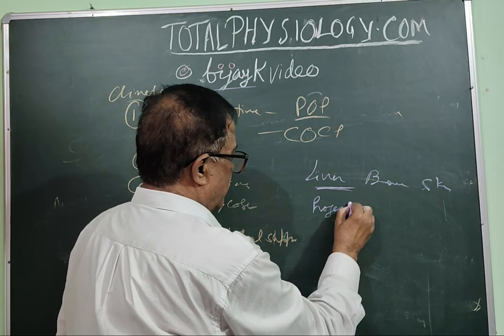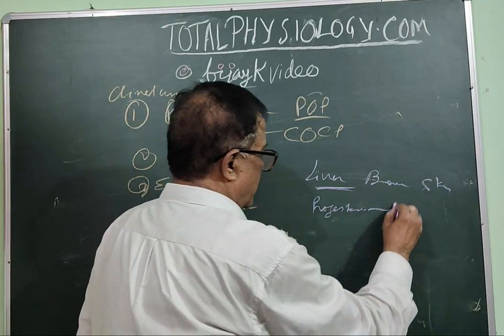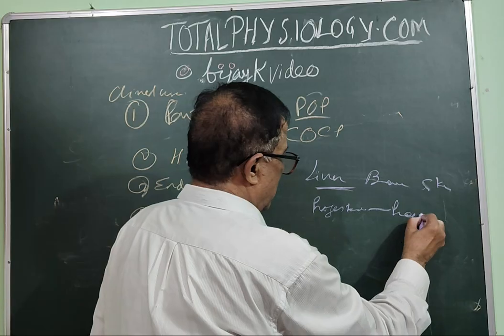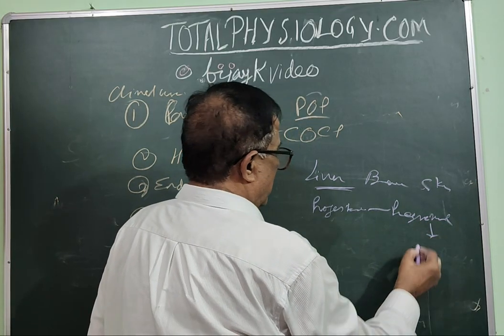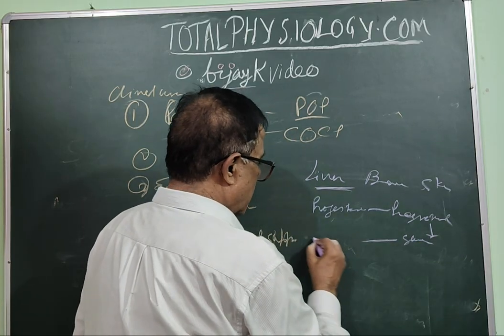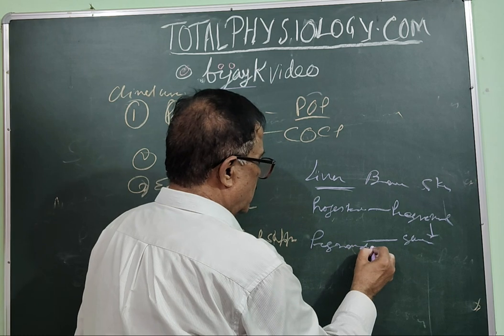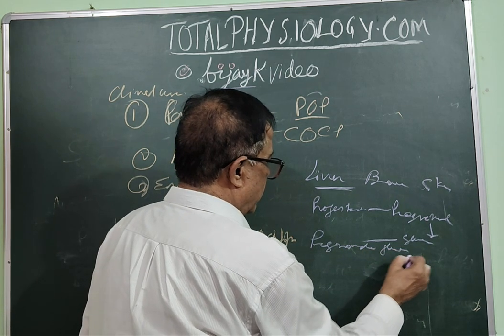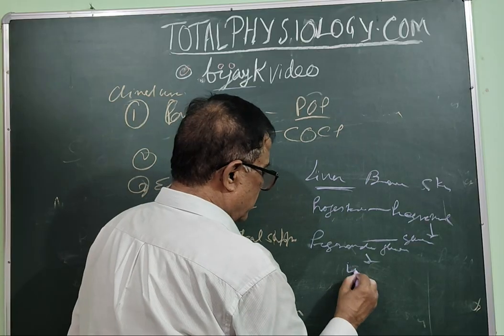Progesterone is first reduced into pregnenolone, which is conjugated with glucuronide and forms pregnenolone glucuronide, which is water soluble and is excreted in urine.